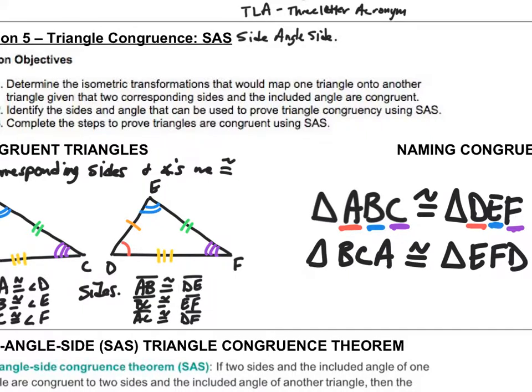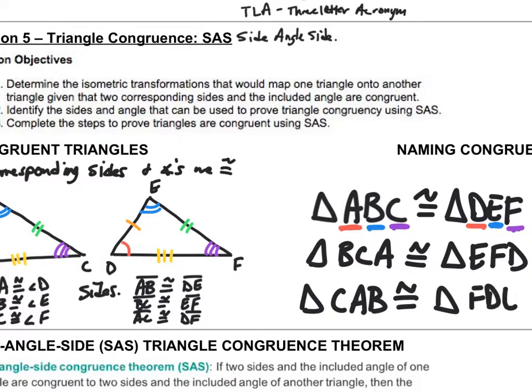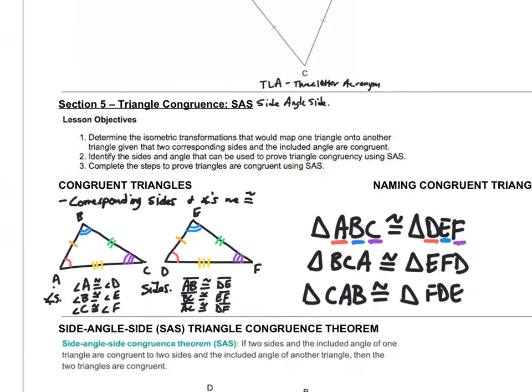I could even say triangle CAB is congruent to triangle FDE. So it doesn't matter how you name it, as long as each of these angles and vertices on that triangle are in the same order.